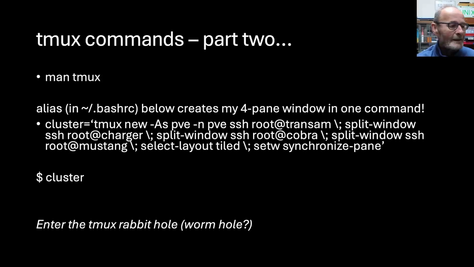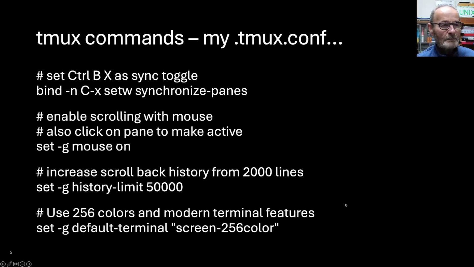I quite like that. So okay, having entered the rabbit hole of tmux, I then did a bit more research and came up with another tmux.conf. Now, the first line is actually what we've already seen. The second line enables scrolling, but also enables mouse operation. Now, that is really cool. I didn't know you could do that, so that's good.